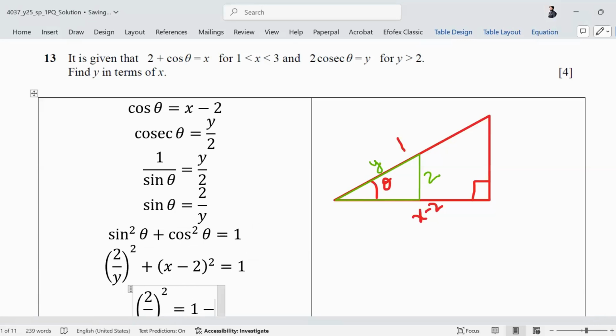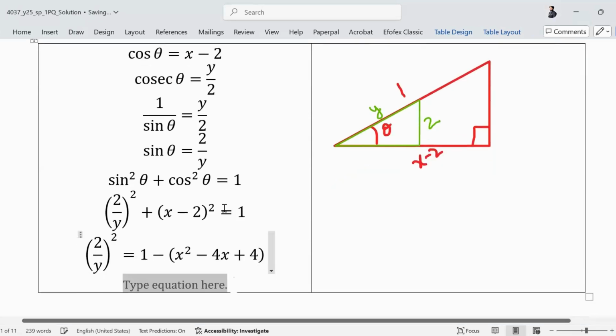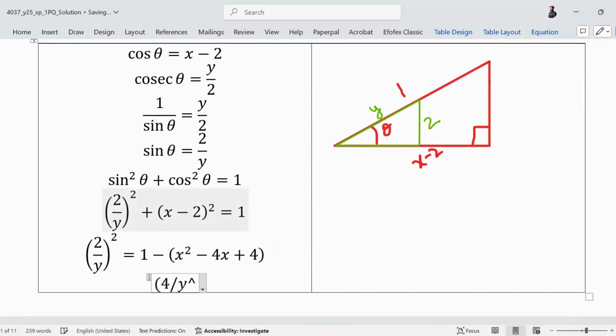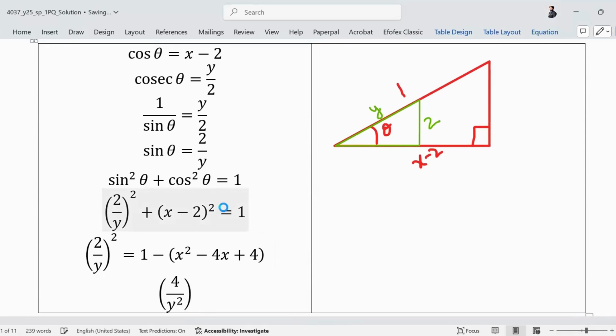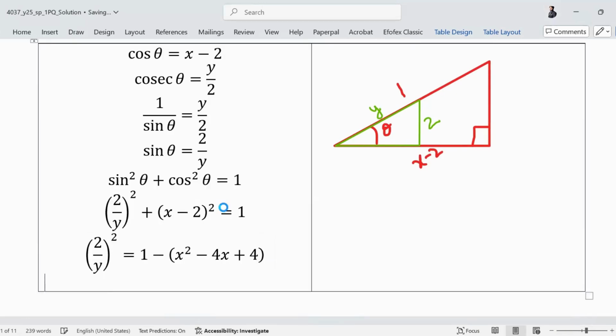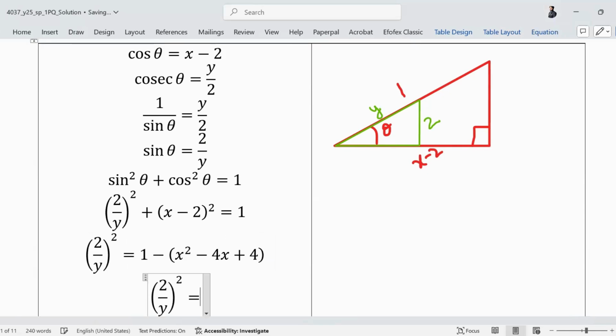I need to write y in terms of x, so I'll be writing 2 upon y square is 1 minus x minus 2 whole squared. Okay, I'll just expand it, then x squared minus 4x plus 4, and 4 upon y squared is, I'll just let it be this way, 2 upon y squared is 1 minus x squared plus 4x minus 4.